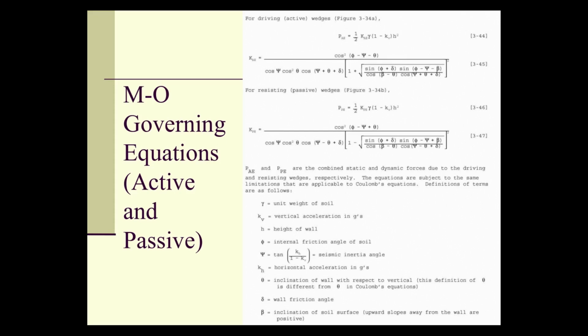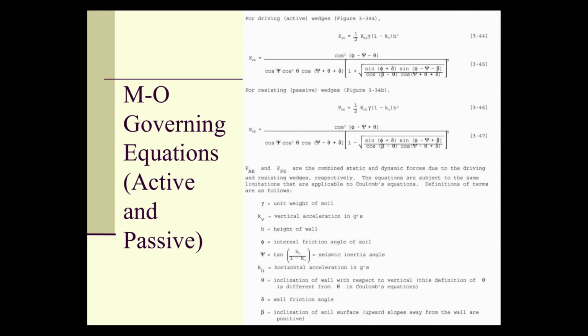Anytime you're presented with an equation for any kind of Coulomb or Coulomb-related KAE, or in this case a KPE or KA or KP, keep in mind that you need to have an accompanying diagram that shows you what's what.